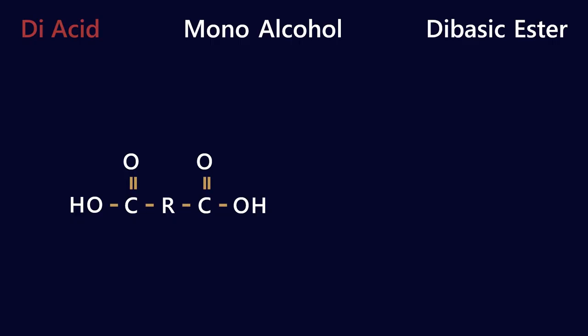We can represent the R as some kind of carbon chain, and this diacid has two functional acid groups on either end. Now we're going to react that with a mono alcohol, so it only has one alcohol functional group, but for the purposes of this demonstration I do need two of them.